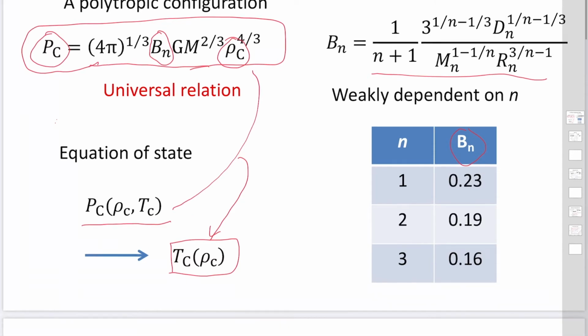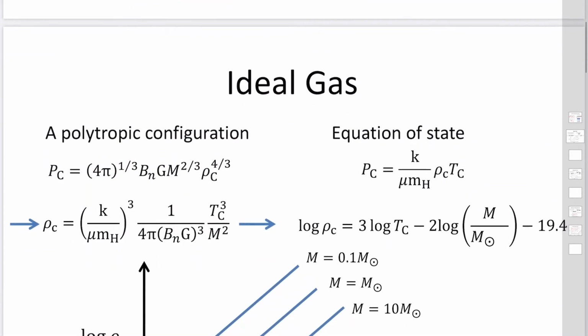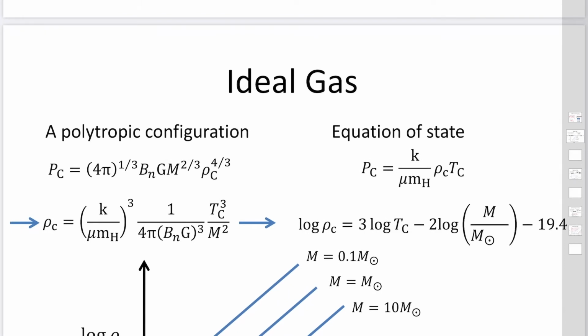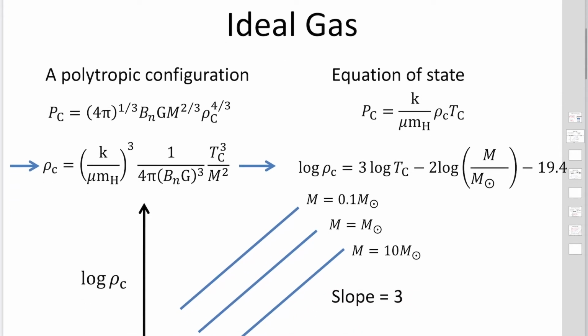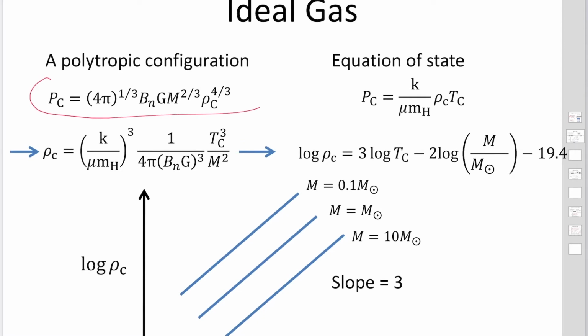Then in the case of the ideal gas, we use two equations: the polytropic configuration, as I explained, and also the equation of state. Pressure is a function of the density and temperature. And then we can combine these two equations as equal.